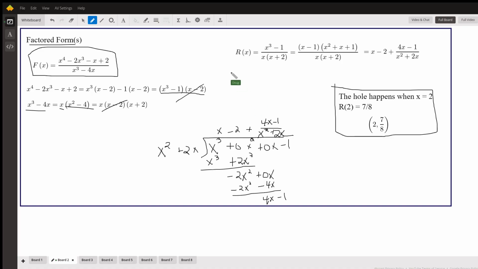Now, I use the letter R here for the residual function. That's the function you get after you cross out the factors that create the hole. This numerator factors as a difference of cubes.